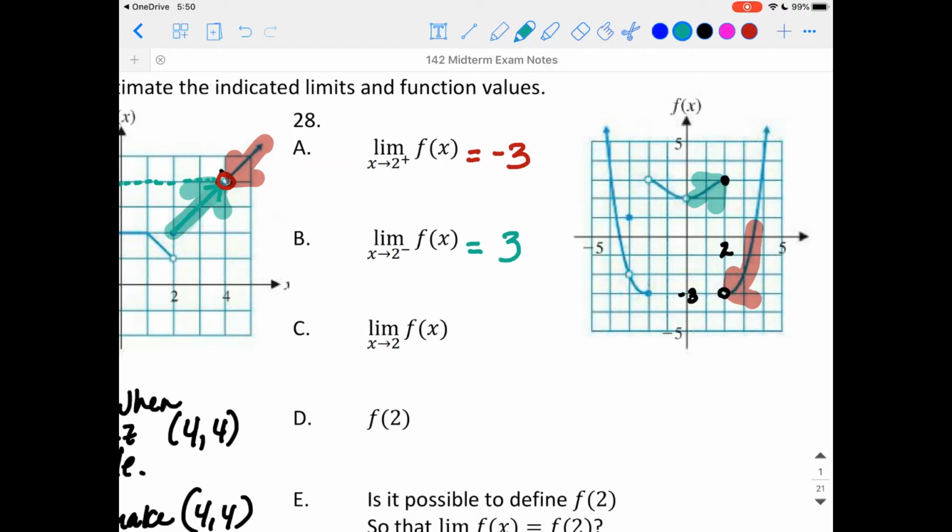So for part C, the limit of the function f of x as x approaches 2, well, because of these two not being equal, the answer to this one is that it does not exist.